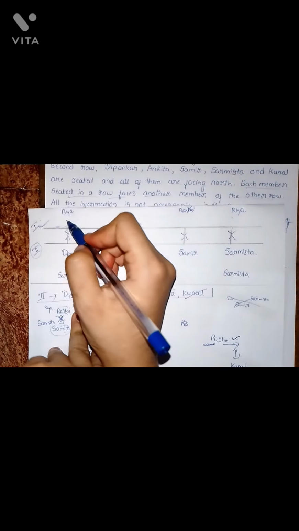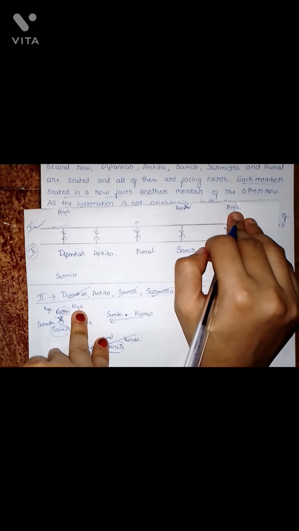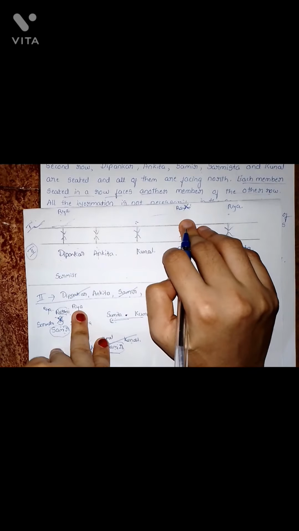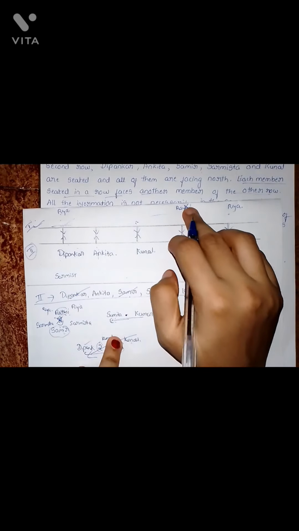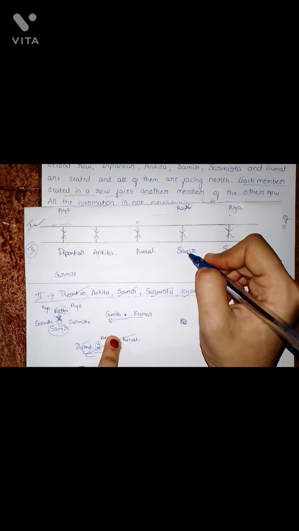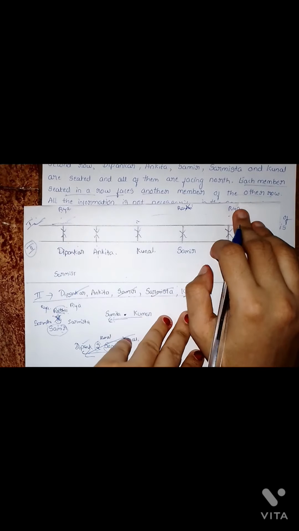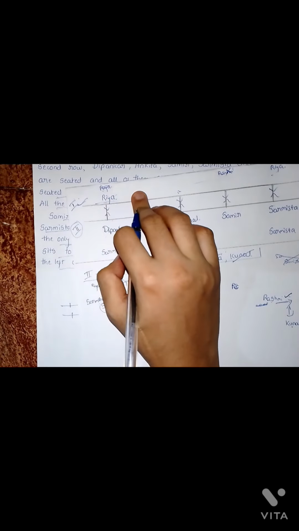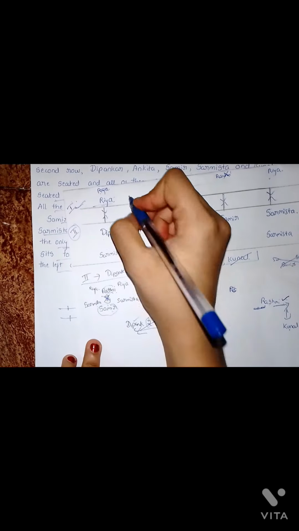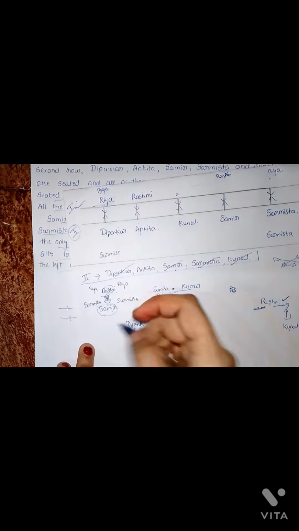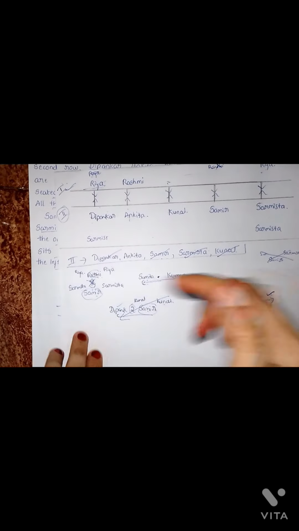If Riya comes here, Rashmi would obviously come here, but Rashmi should not face Samir. That's why Riya won't come here. Riya should be placed here. If Riya is placed here, Rashmi is the neighbor of Riya. That's why we write it like this. Then this statement is also over.